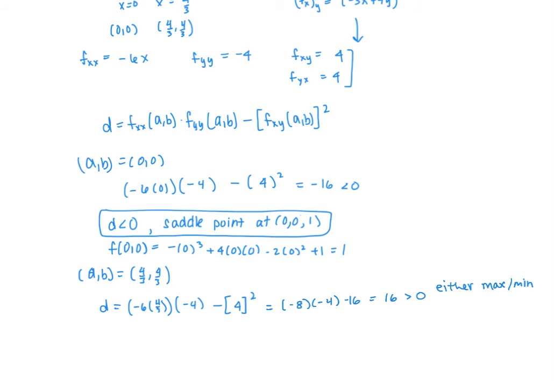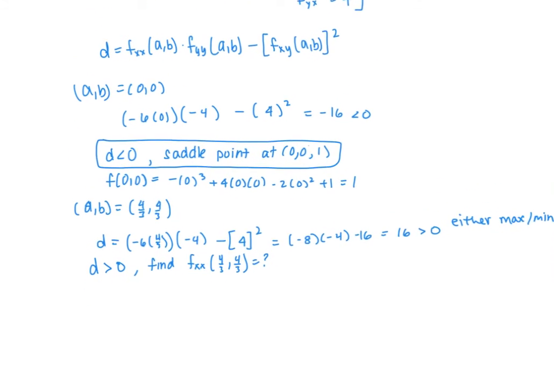So I need to plug it into my second partial of x. Since D was greater than 0, I need to figure out what my second partial of x at this point equals. At 4/3, 4/3, I'm going to plug that into the negative 6x.